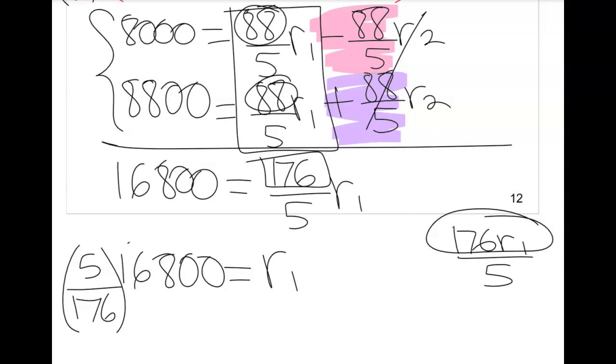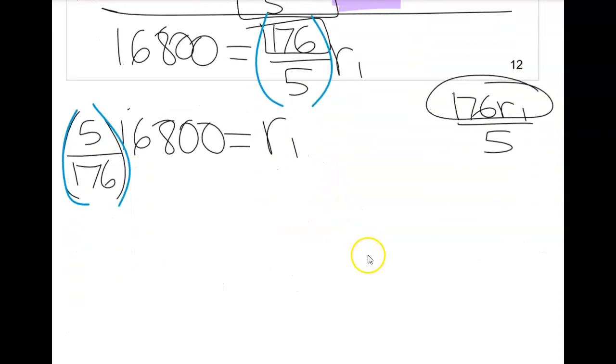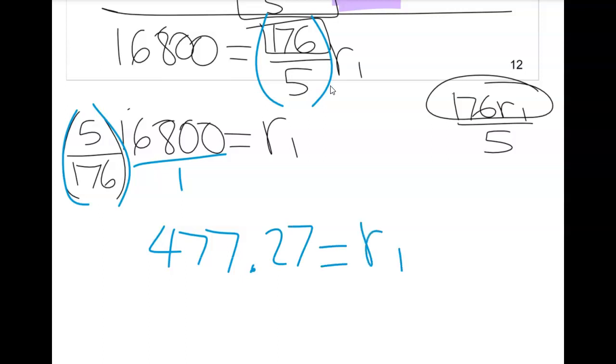You could see how the fraction that we're using here in the original coefficient of r sub 1 are reciprocals of each other. So now I'm going to multiply the fraction times the 16,800, so it's going to be 16,800 times 5, and then divide by 176. And that gives me 477.27, and that is equal to r sub 1.